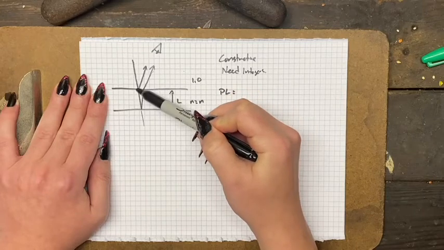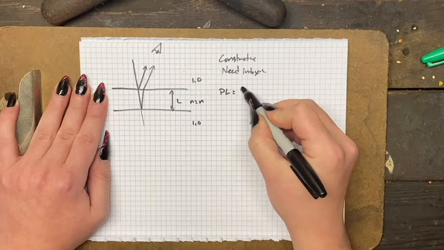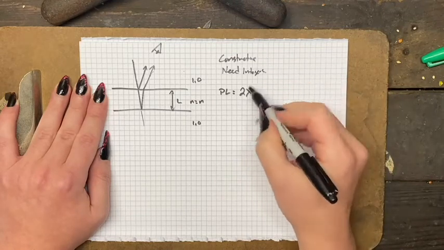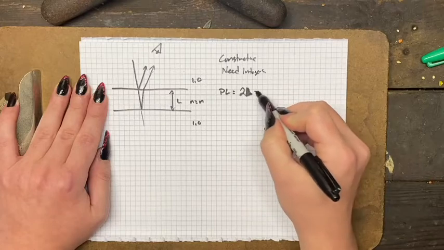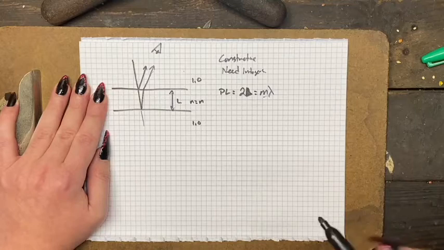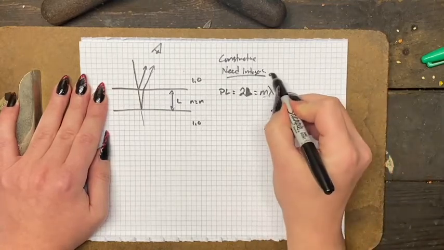The second ray is how far apart? Well, that's 2L, right? So you might be tempted to say the path length is 2L. And if you want integers, you might be tempted to just make it equal to that. There's a problem in this analysis. You need integers overall.